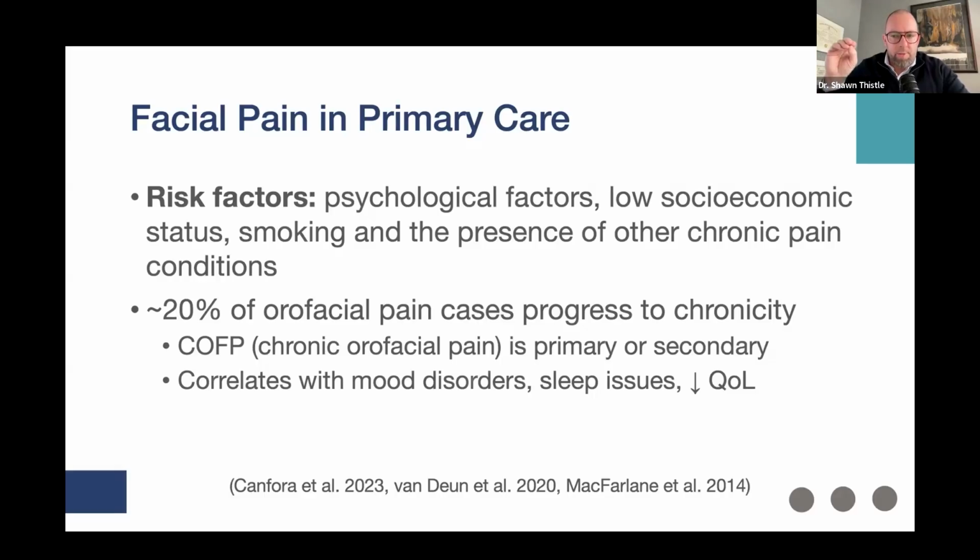This study tried to pull out some of the social factors like marital status and so on, and found some pretty interesting findings. So if you're into the weekly research reviews, that was the one I posted this week. Smoking remains a risk factor for generally any chronic pain condition.